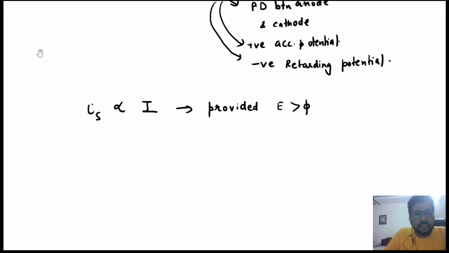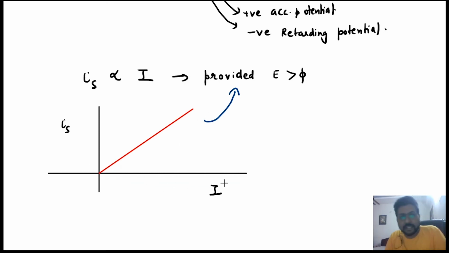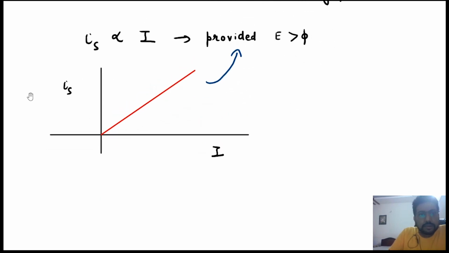That means if you draw the graph between saturation photocurrent and intensity, the graph is a straight line passing through the origin. But again, provided E is greater than the work function. So as the intensity increases, the saturation photocurrent increases.